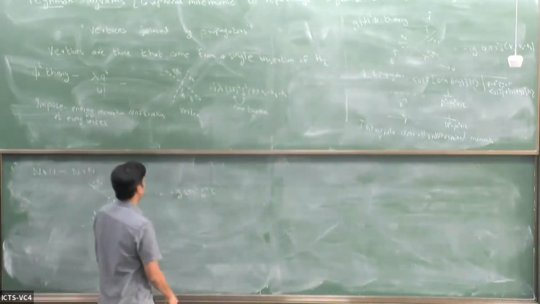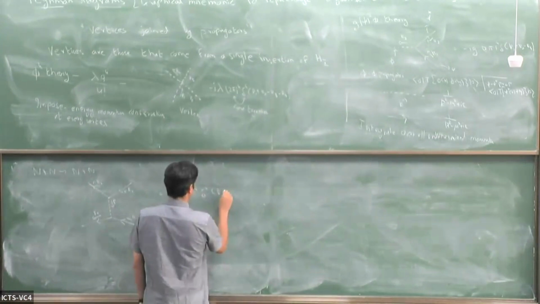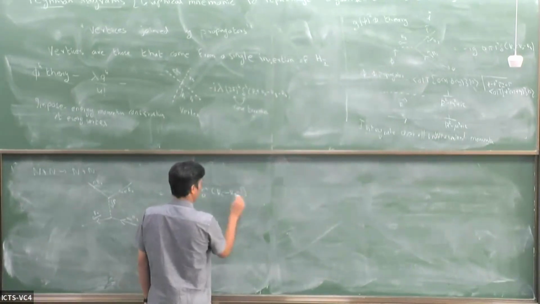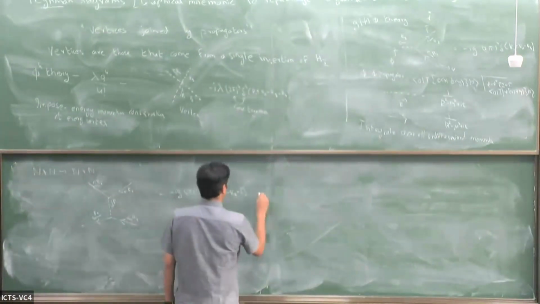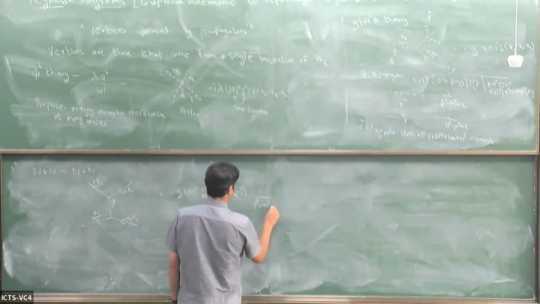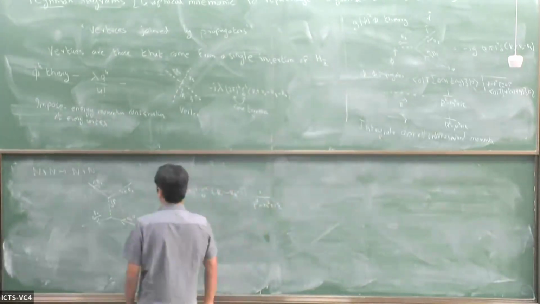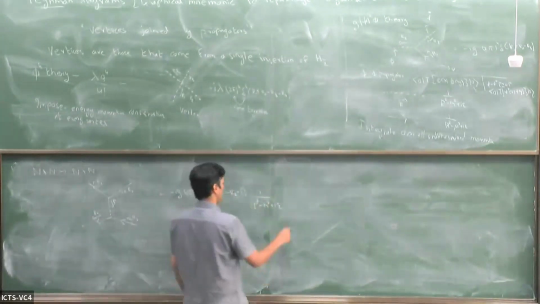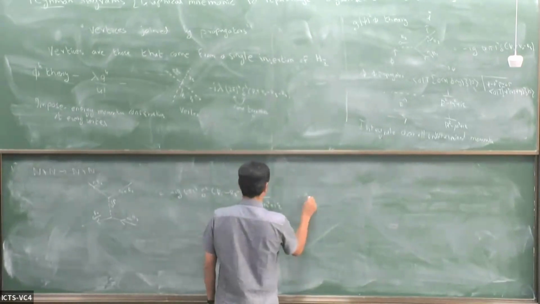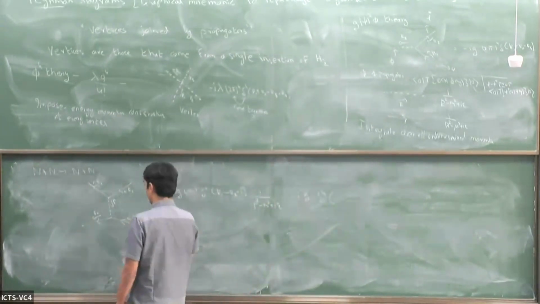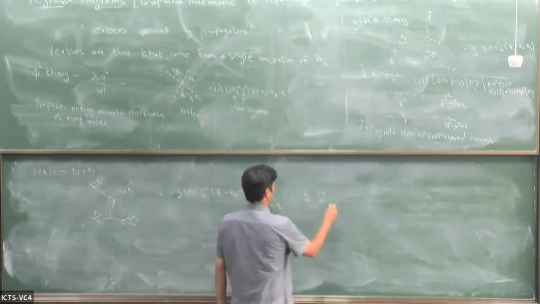Delta 4 of k1 minus k3 minus p, into i over p squared minus m squared plus i epsilon, into minus ig into delta 4 of k2 plus p minus k4.